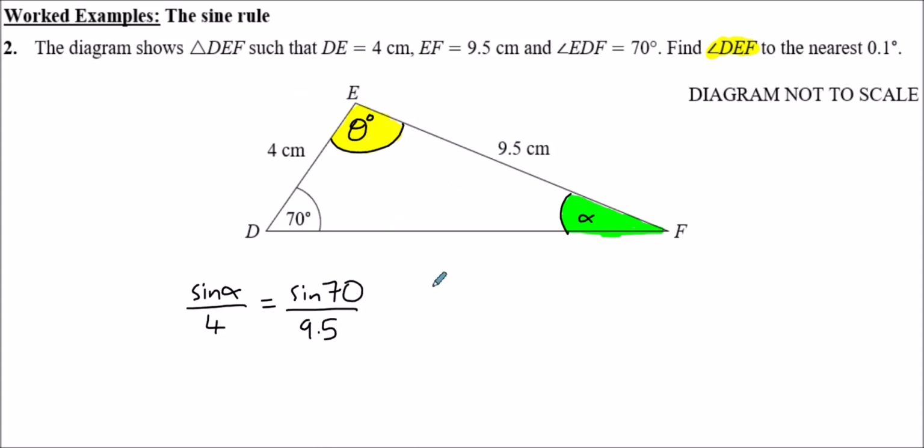So what I can do is rearrange this and do sine minus 1 of it. Therefore alpha is going to be sine minus 1, multiplying through by 4 beforehand, of 4 sine 70 divided by 9.5.